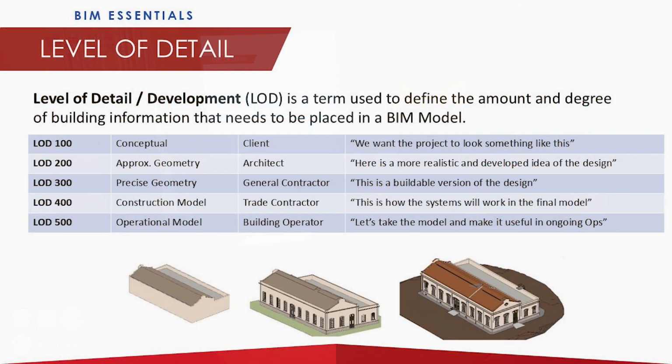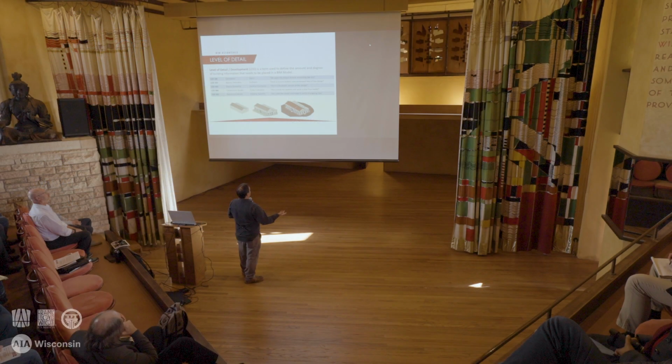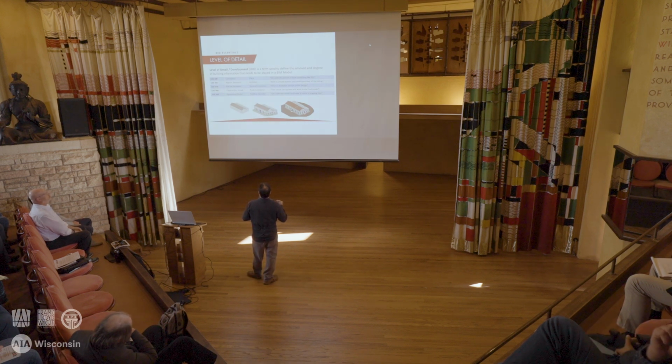Level of detail is a very important thing to consider in the professional office, because it really gets into how deep in the weeds you're going to get with your existing conditions and everything else you put out. As I talk with colleagues, it seems a lot of places like that sweet spot between 300 and 400.